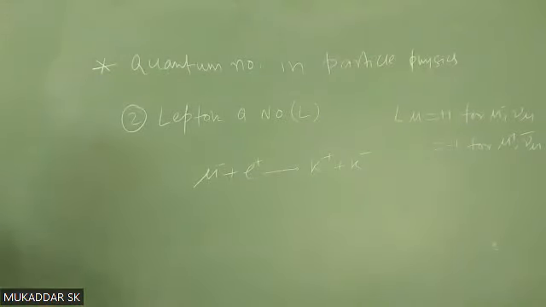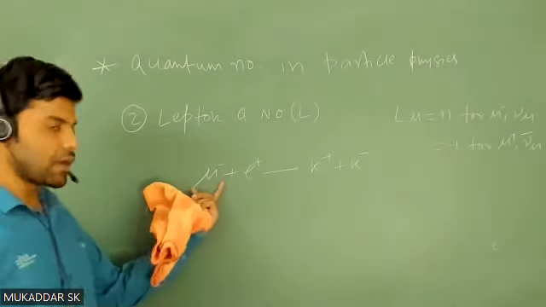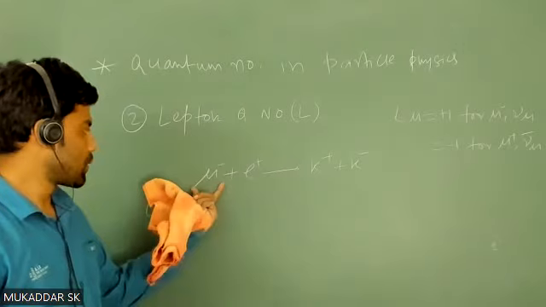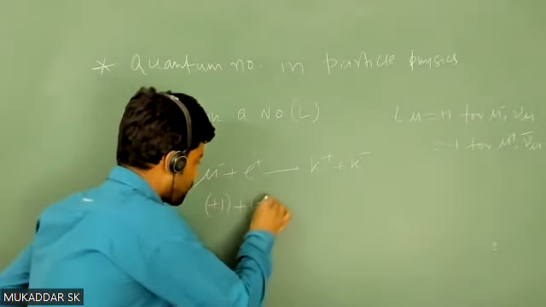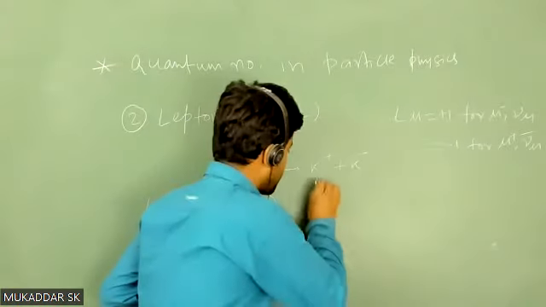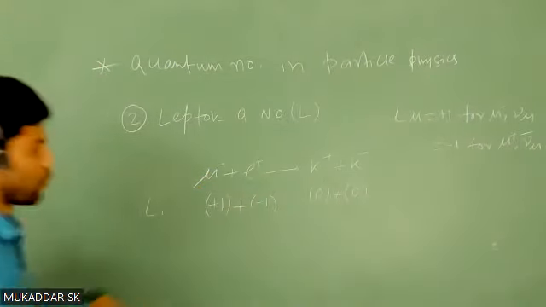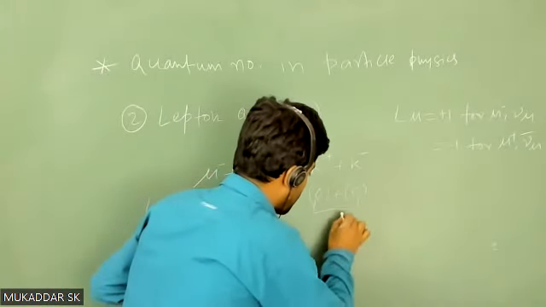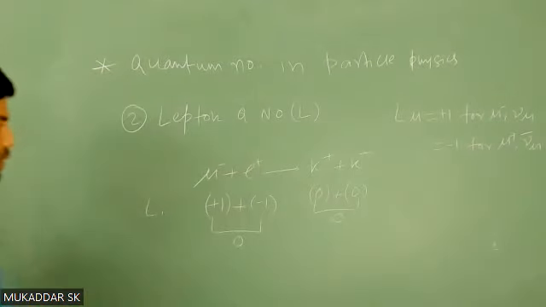Now the total lepton number on the left is plus one, plus minus one, so it is zero. On the right hand side, the kaons do not belong to the lepton family, so it will be 0. So the net lepton number of the product is 0 and of the reactant is 0.